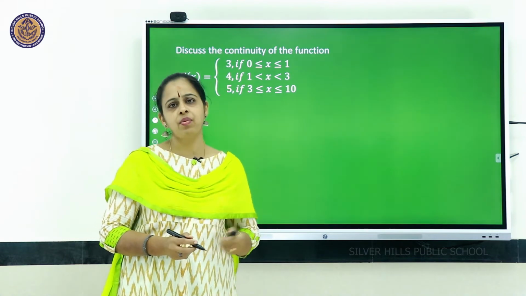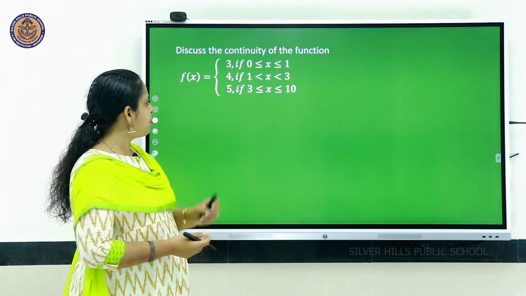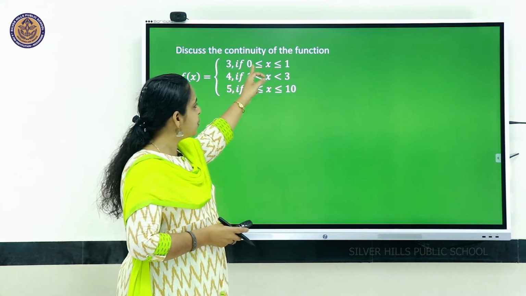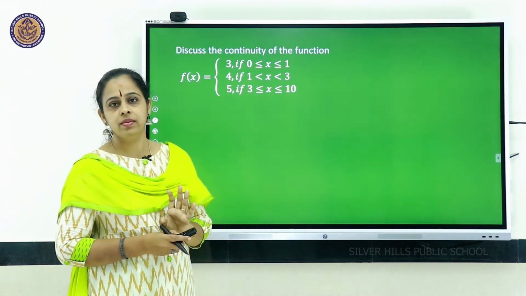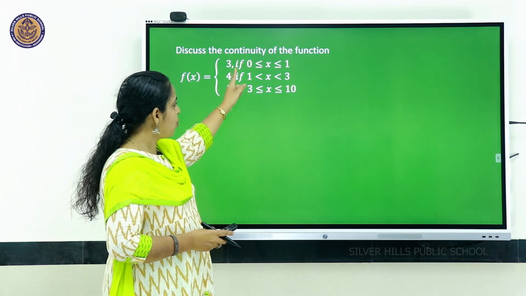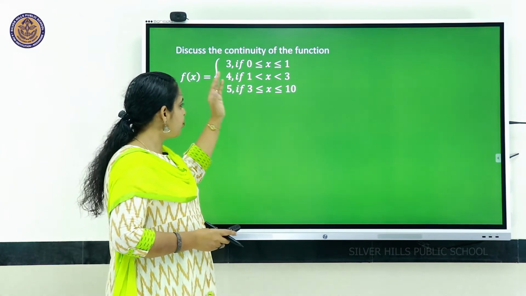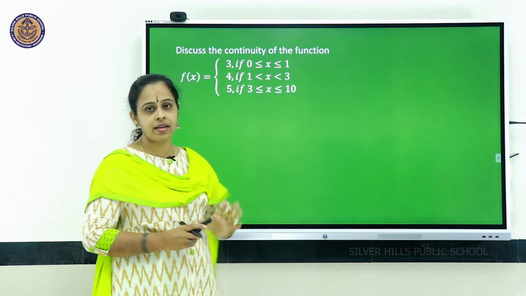Coming to another example. f of x equal to 3 when it is lying between 0 and 1, equal to 4 between 1 and 3, equal to 5 between 3 and 10.